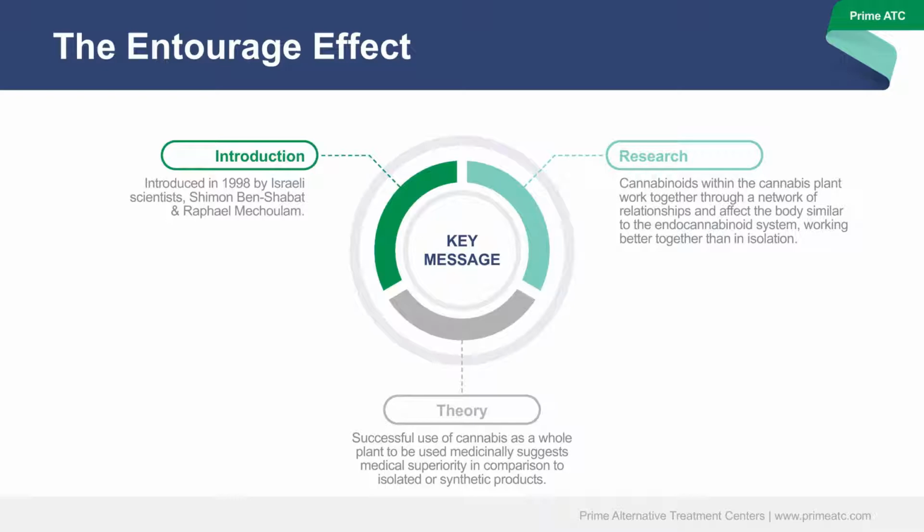Basically, these compounds work better together than in isolation. The long-standing successful use of cannabis as a whole plant to be used medicinally suggests its medicinal superiority in comparison to products containing isolated single components of the cannabis plant, or synthetic cannabinoids trying to replicate the natural components.